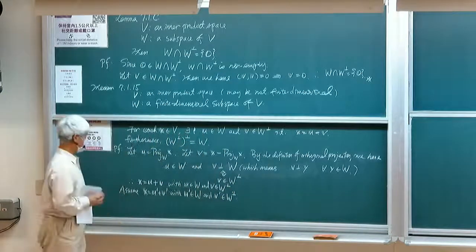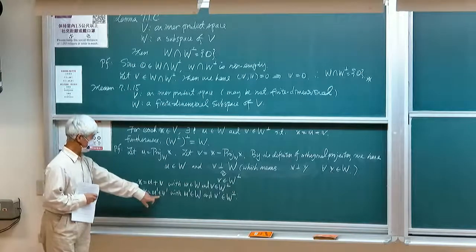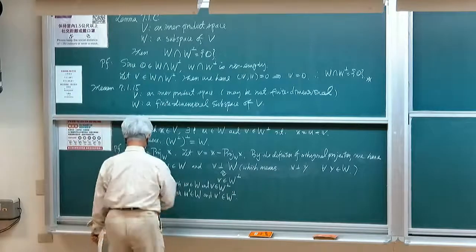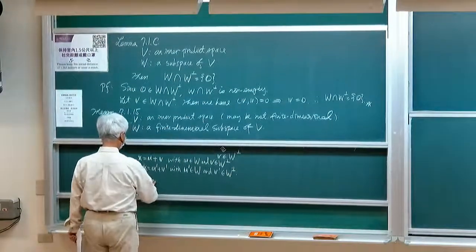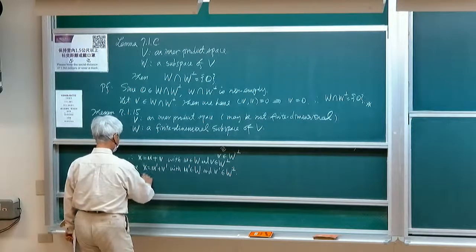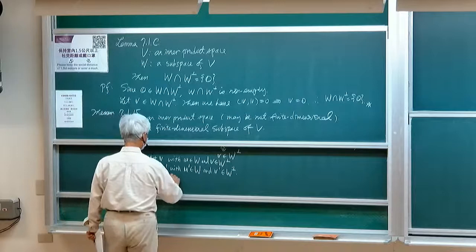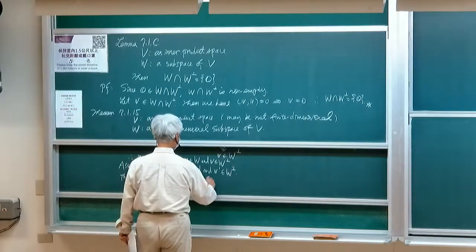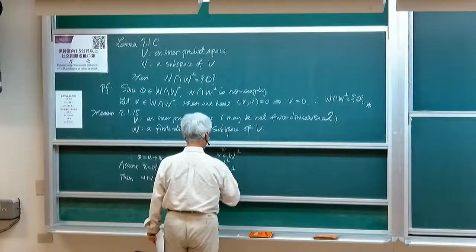So suppose we have another decomposition, U prime plus V prime. Then we have U plus V equal to x equal to U prime plus V prime. This implies that U minus U prime equals V prime minus V.